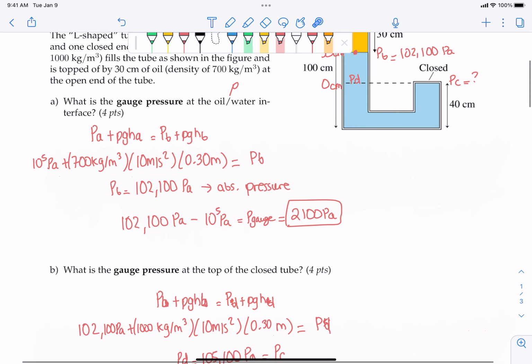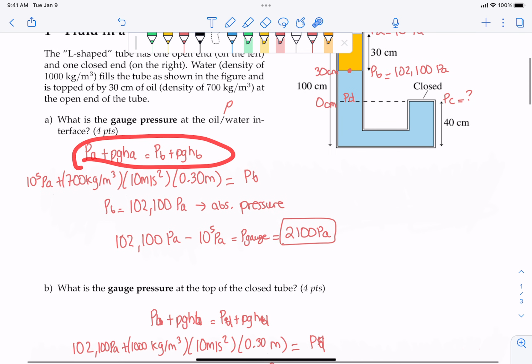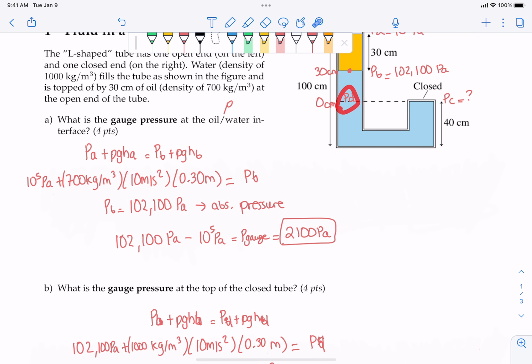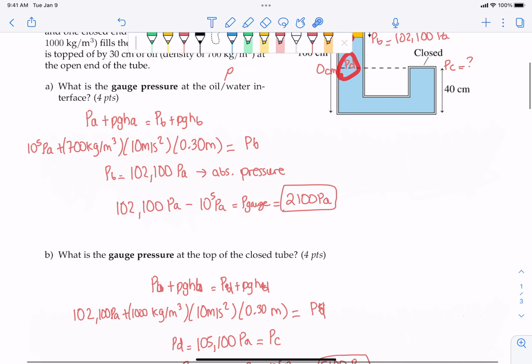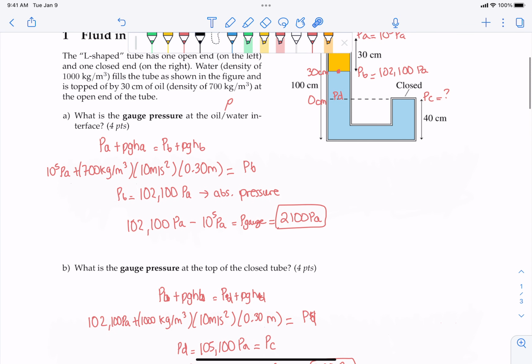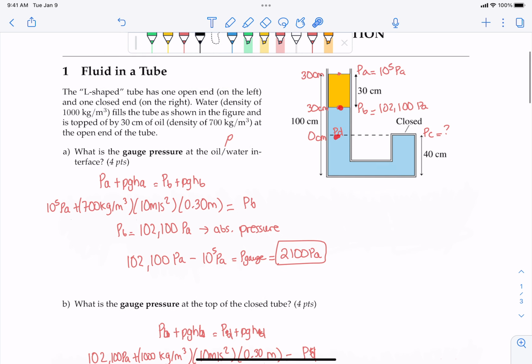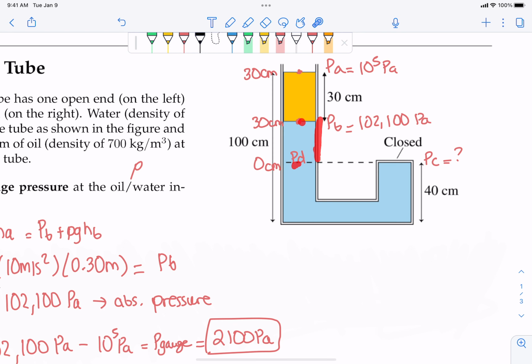Well, we can just use this equation again. We don't know PD. We do know PB. So we can say PB plus ρghB is equal to PD plus ρghD. We can set our height at D, this point D right here, as 0, and the height at B as 30, because this is 100, this is 30, this part is 40, so 30 plus 40 is 70, and this part would be 30 left over.